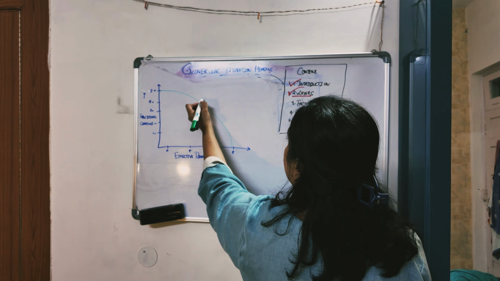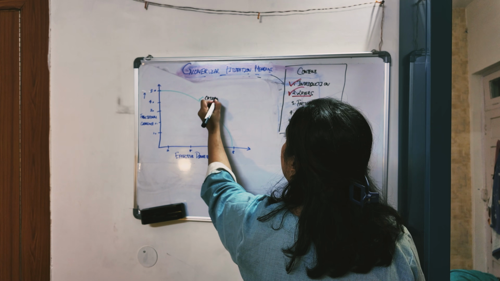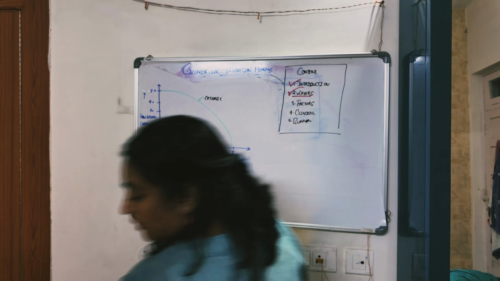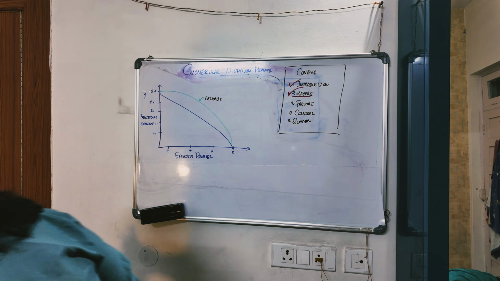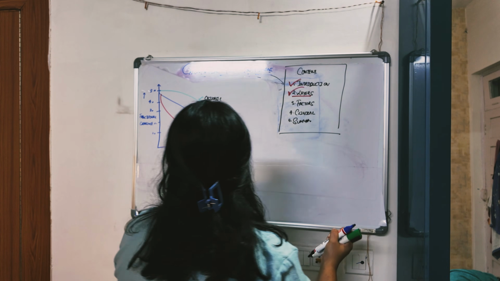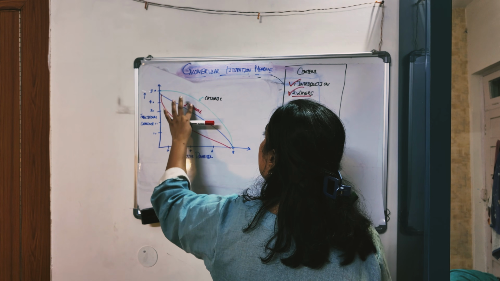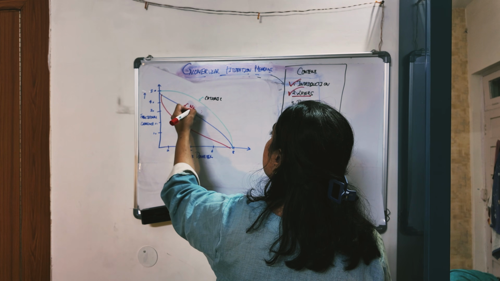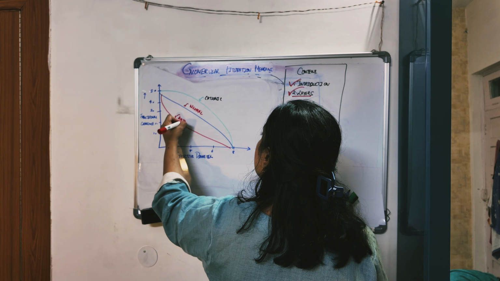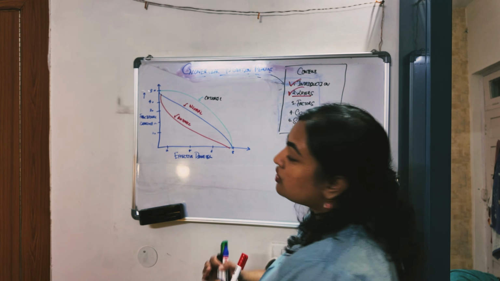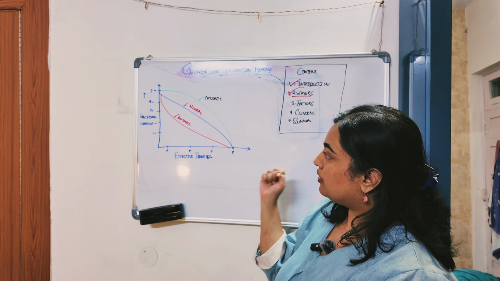Cationic, neutral. So this graph tells a relationship between cationic, neutral and anionic molecules.